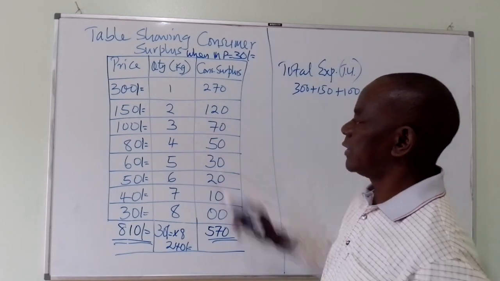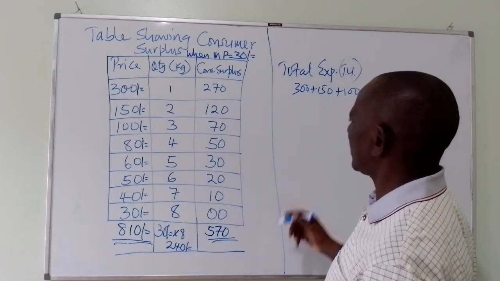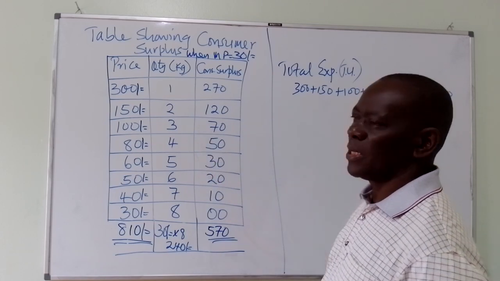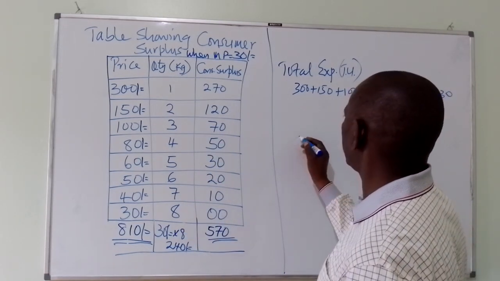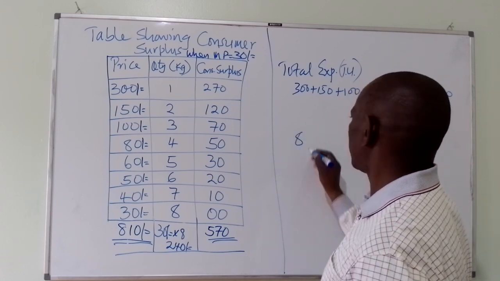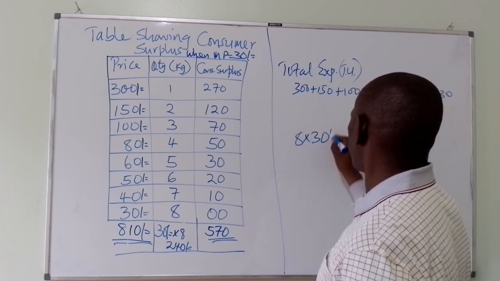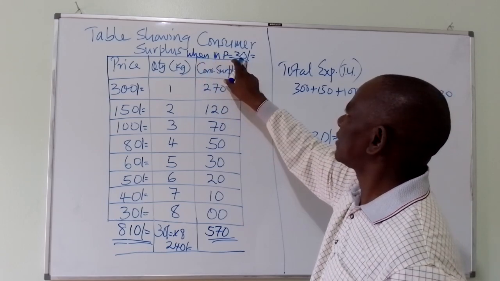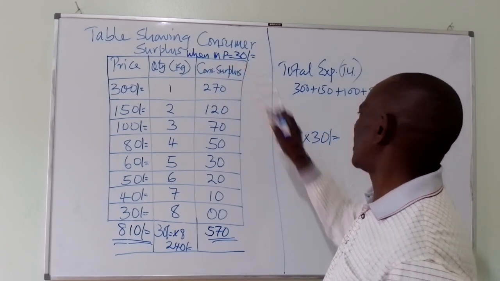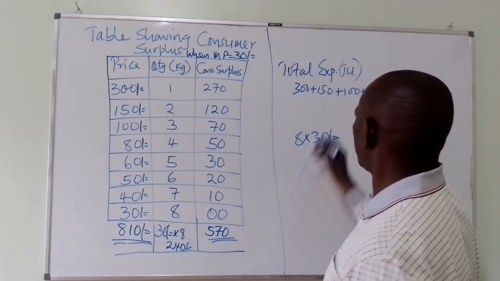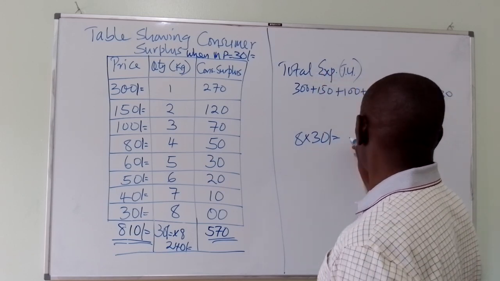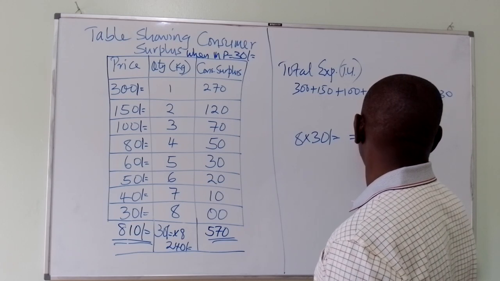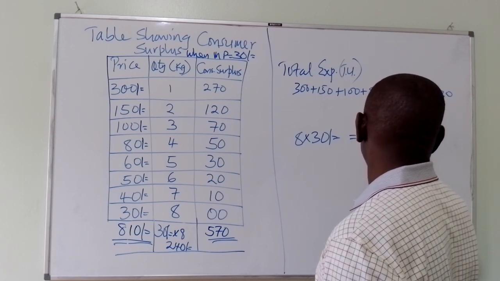But when this man gets to the market, he realizes what his actual expenditure on 8 commodities is going to be. He's going to spend 8 commodities times 30 shillings. Why 30 shillings? Because that's what he has found in the market as the market price. So instead of spending his total planned expenditure, total utility, he's going to spend 240 shillings.